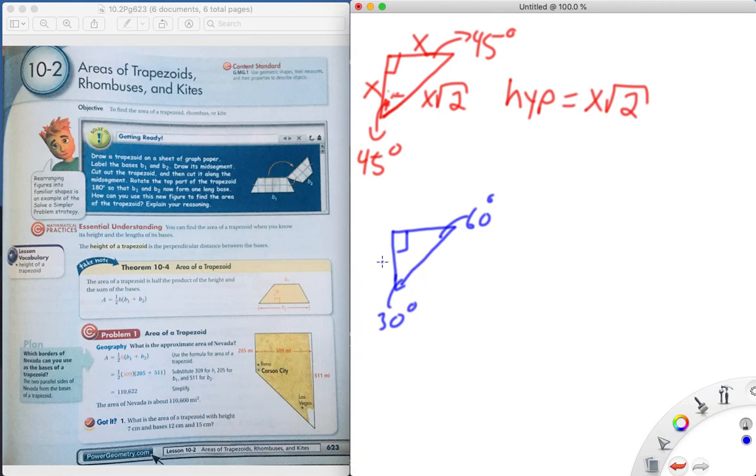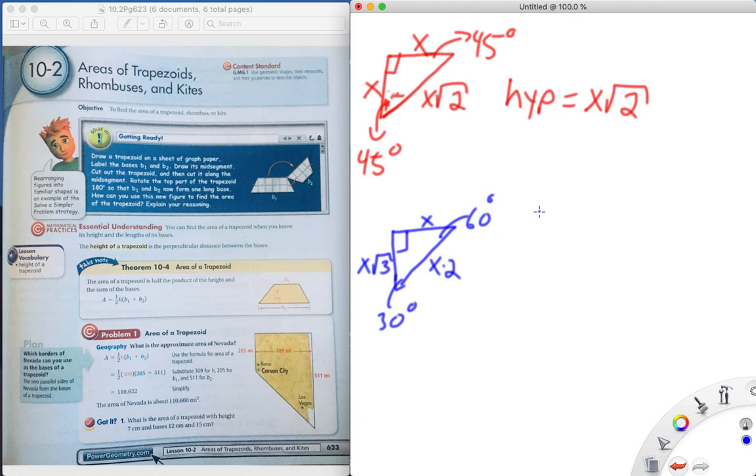Remember that 30 degrees is going to be my shorter leg, so it's going to be over here. This is going to be the shorter leg times the square root of 3, and this is going to be the shorter leg times 2. So there's two equations involved with the 30, 60, 90.